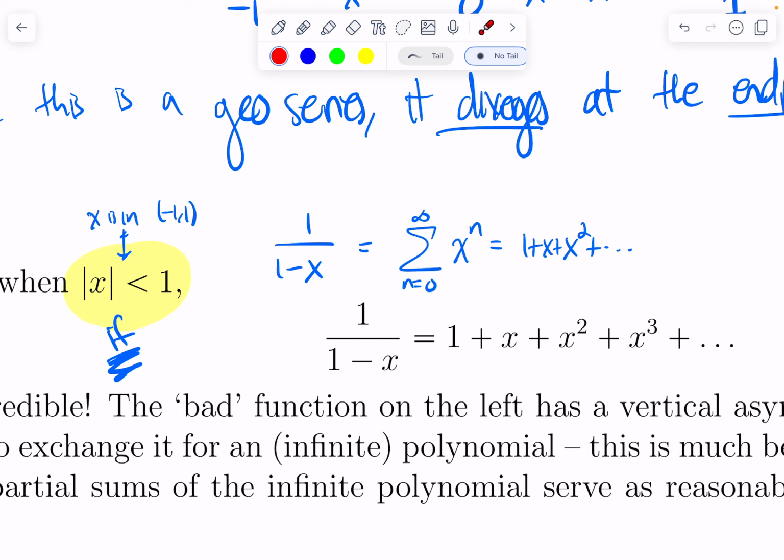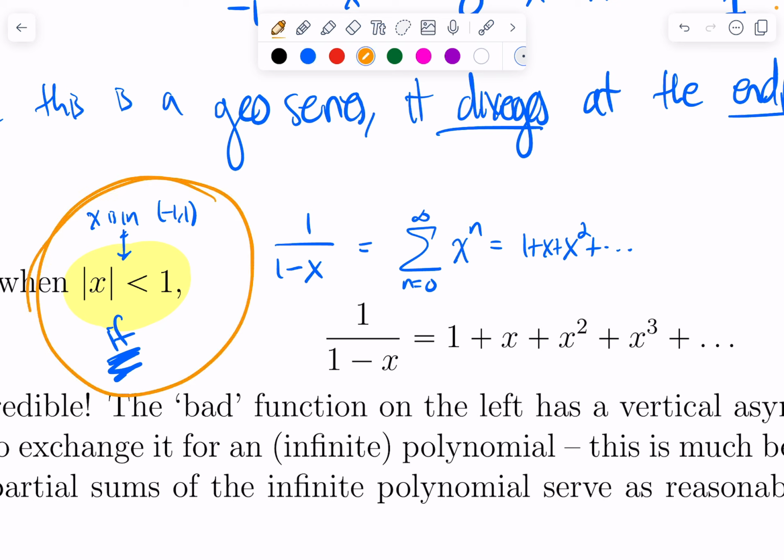I can't stress enough in this entire dynamic how important this if is right here. This agreement is absolutely predicated on taking x values in this region. Let me show you what I mean. What if I took this situation, but I put in something outside this region?